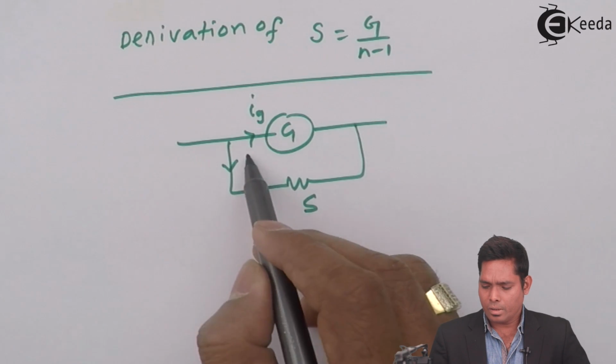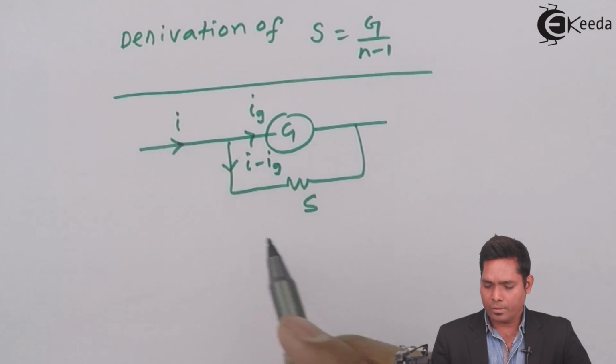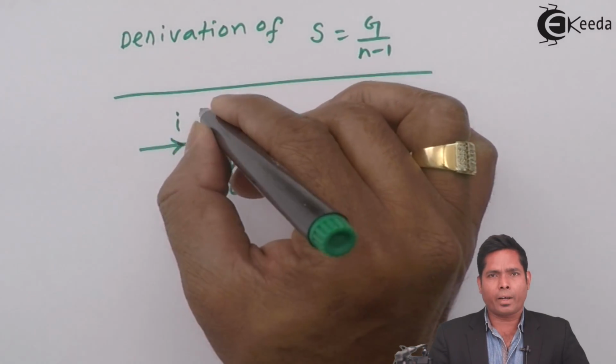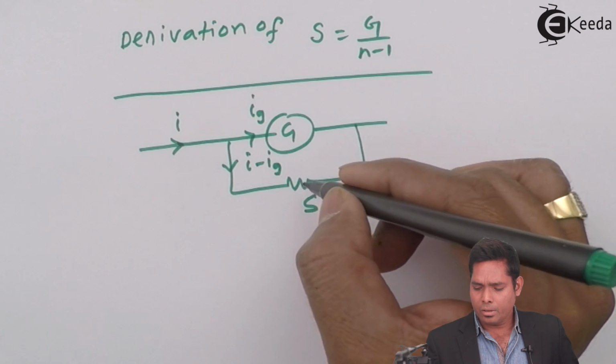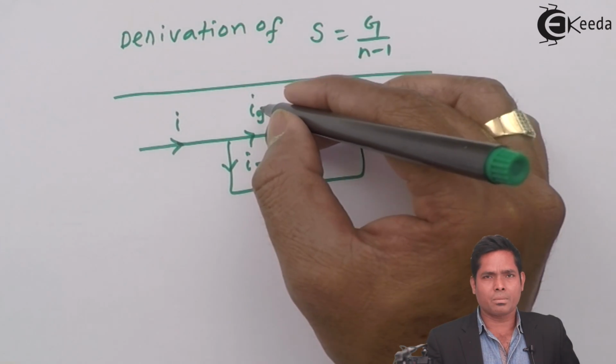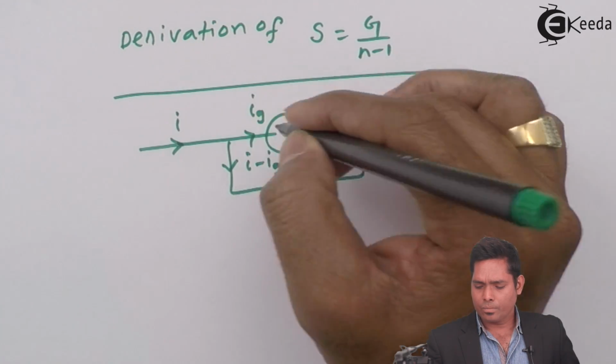This is I minus Ig, and the maximum current that flows through is I. This is the final range, the maximum current that it can measure after the shunt is connected. Before this is connected, this is the maximum current that the galvanometer can measure without shunt.